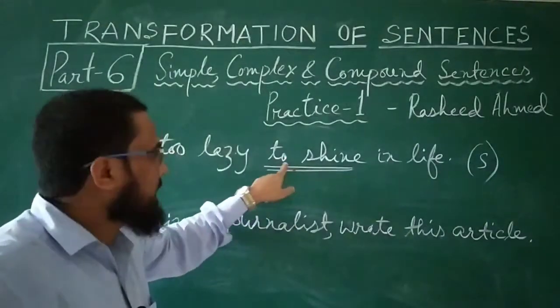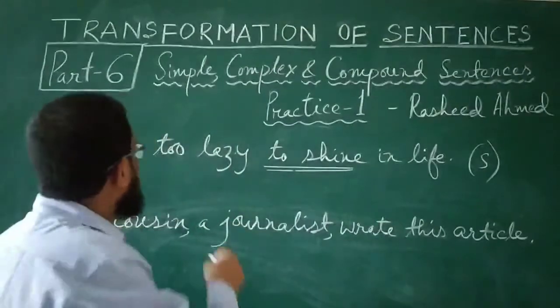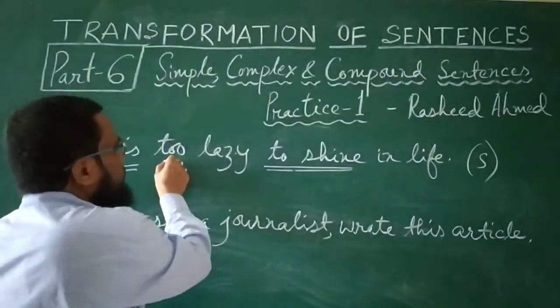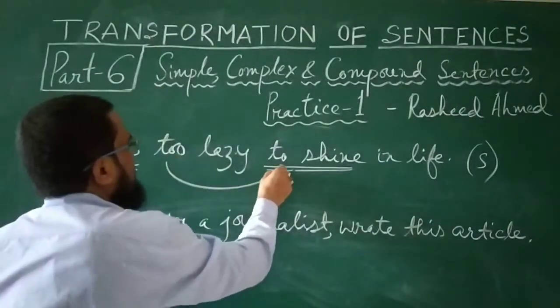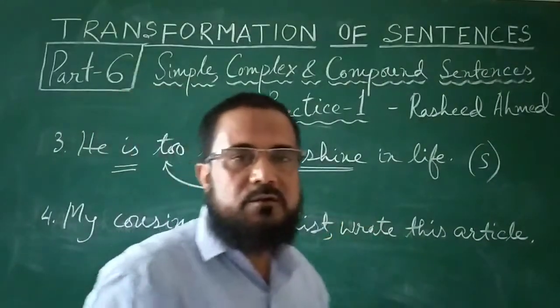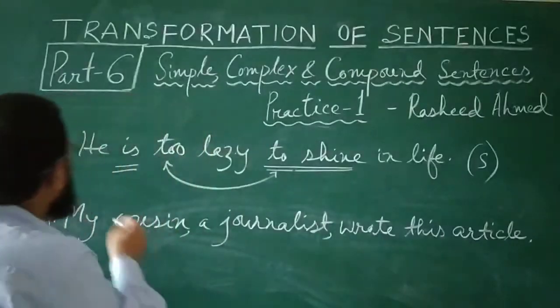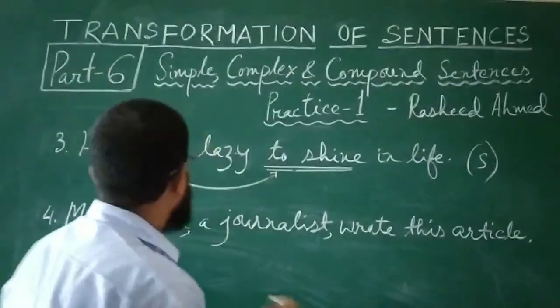And when we have this type of sentences like he is too lazy to shine in life, here there is a correlative, too and to. Then one easy way is to change the correlative to into so that. If you just use so that instead of to, then it will automatically become complex.